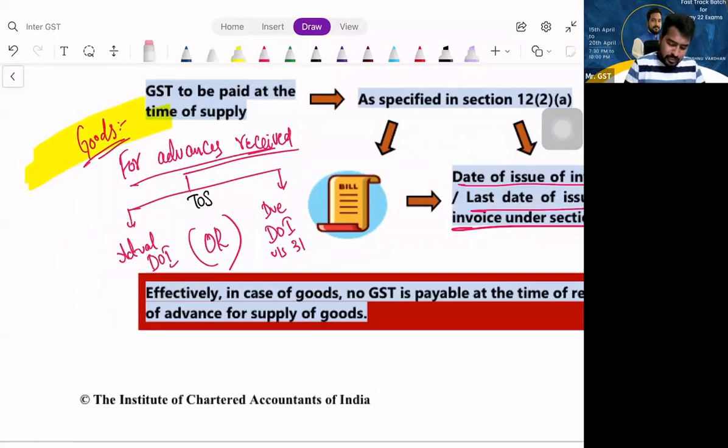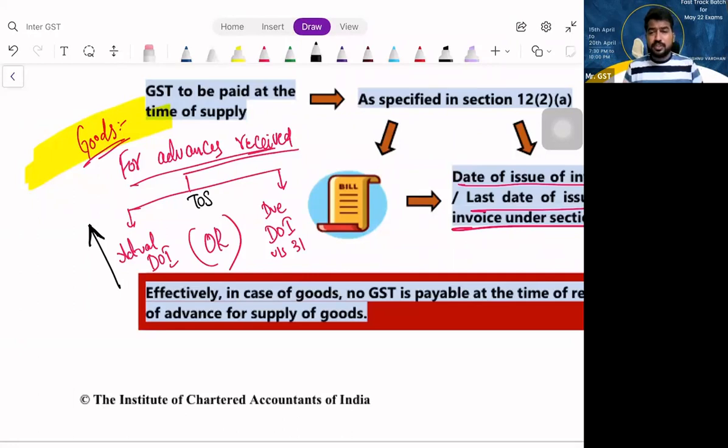The time of supply is actual date of invoice or due date of invoice under section 31, whichever is earlier. Shall we proceed? Done? Right, okay.